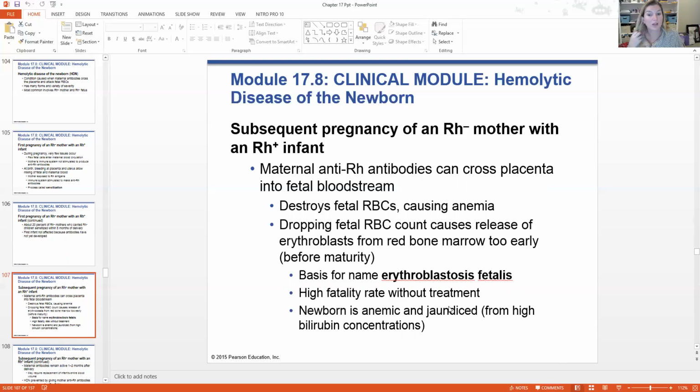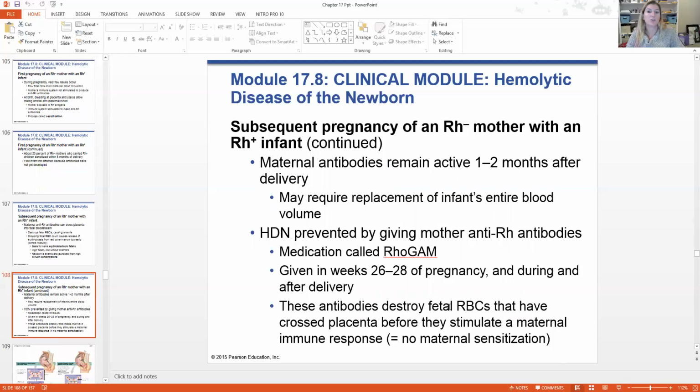It's called erythroblastosis fetalis. So in other words, there's a very high fatality rate if there's no treatment. Newborns can be born anemic or jaundiced, and the maternal antibodies remain active for several months. You could end up with a newborn that requires an entire blood transfusion.